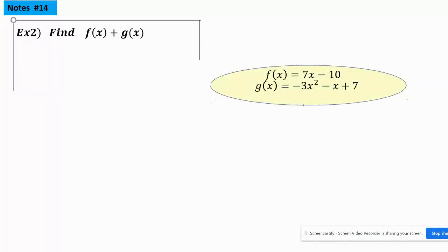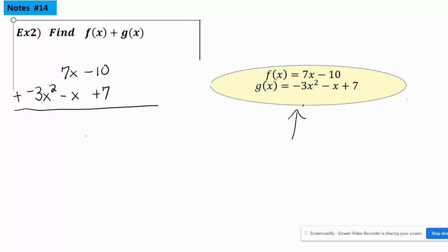Okay, so here's example 2. So you're supposed to add them. So it's just going to be 7x minus 10 plus, and then I'm going to put the negative 3x squared. Oops, I don't have enough room. Plus negative 3x squared minus x plus 7. So I got that from right here.